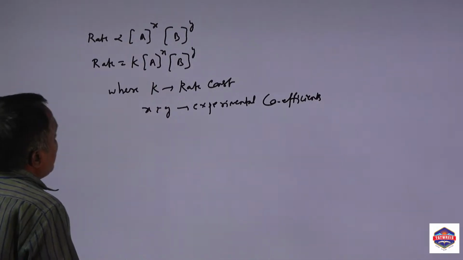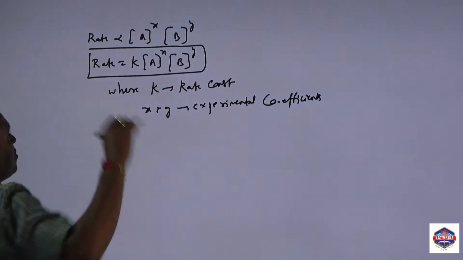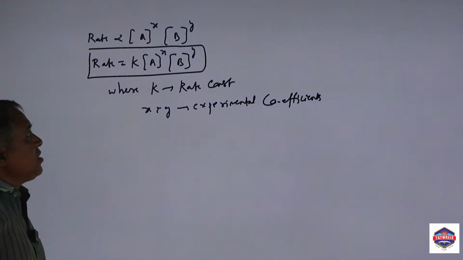So this is the rate law. Rate law is expressed in this way: rate is equal to k into [A]^x into [B]^y.